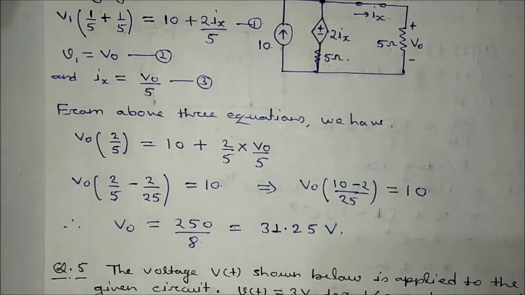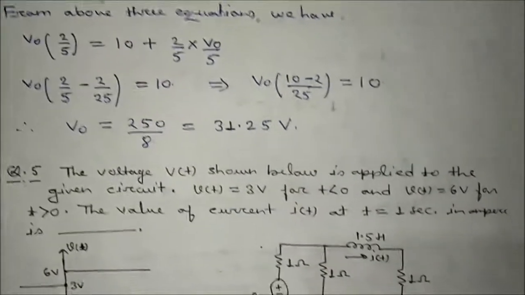Okay, as it is asking about t is equal to infinite only, we are calculating the values at t is equal to infinite only. We are not interested in finding it for t greater than 0, or the general expression of it for any value of t.